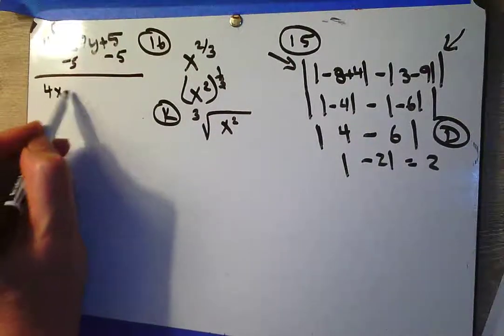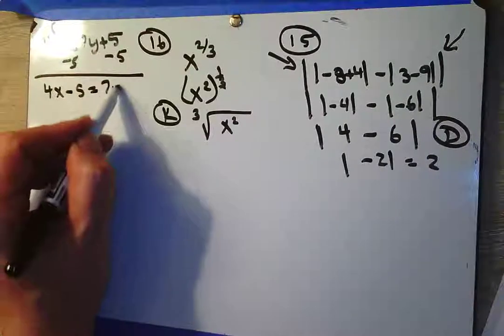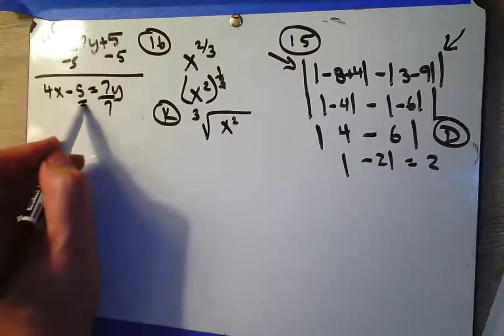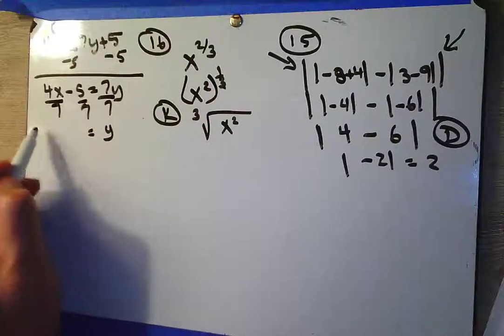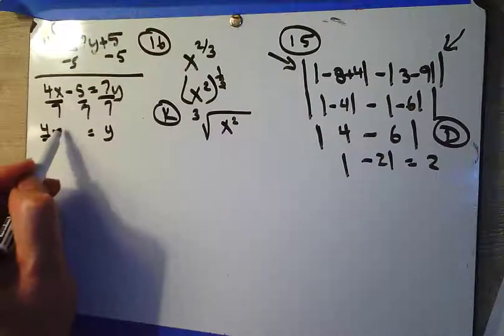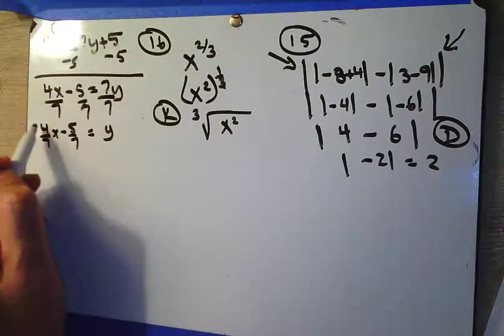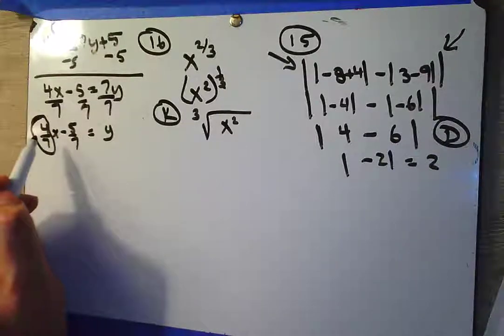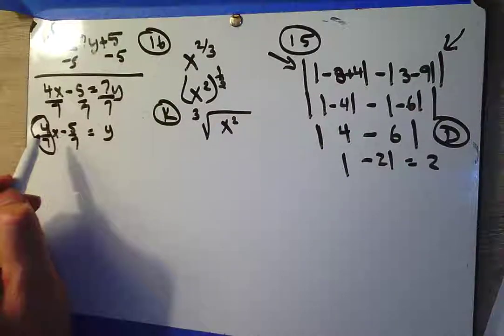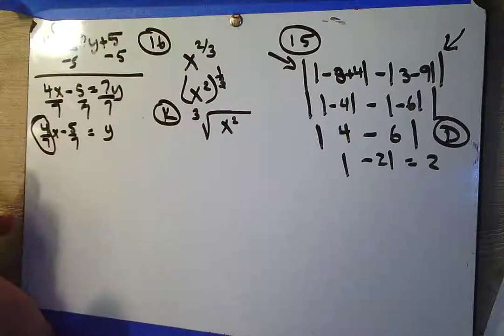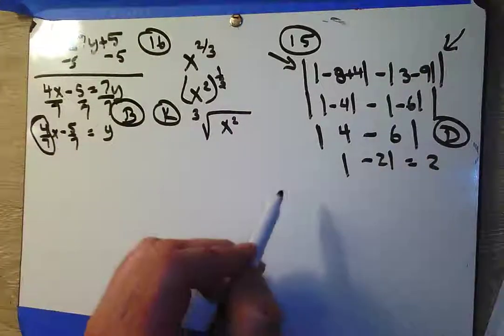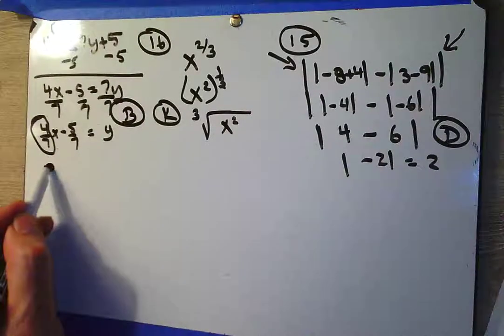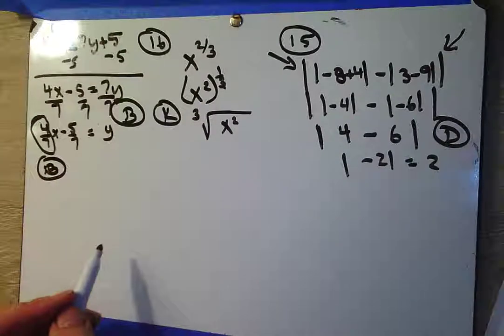I'm going to get 4x minus 5 equals 7y. And then I'm going to divide everywhere by 7. So y equals 4/7 x minus 5/7, and my slope would be 4/7, which corresponds to choice, where is it? There it is, B. B for number 17.